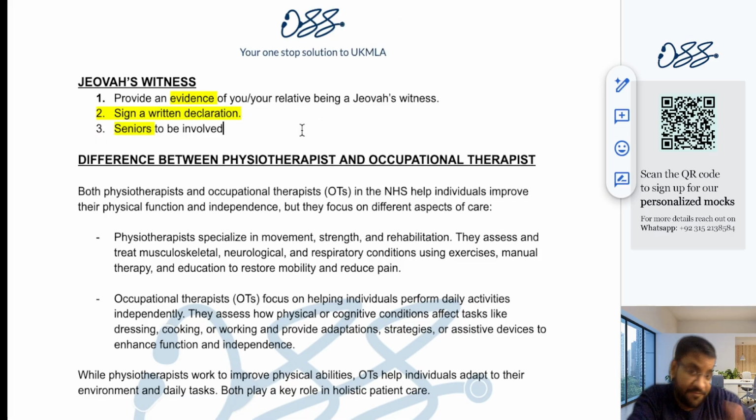So if someone comes to you and says, okay, no, doctor, we are Jehovah's Witness and I do not want any blood to be transfused, what you are going to do is, instead of just throwing these three pointers at their face, that no, I'm going to involve my seniors, write a declaration, provide me evidence, just be respectful of their decision.